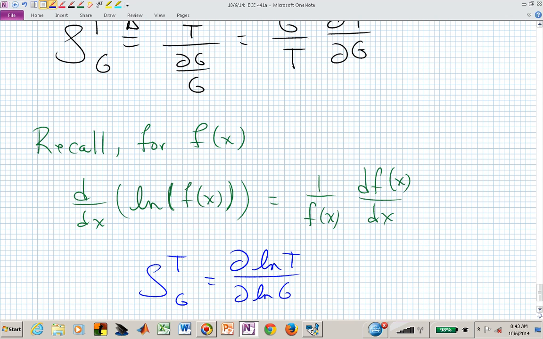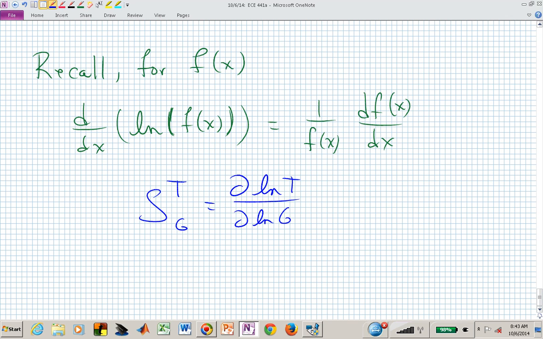That now allows us to take into account the relative changes in these transfer function relative to the system.